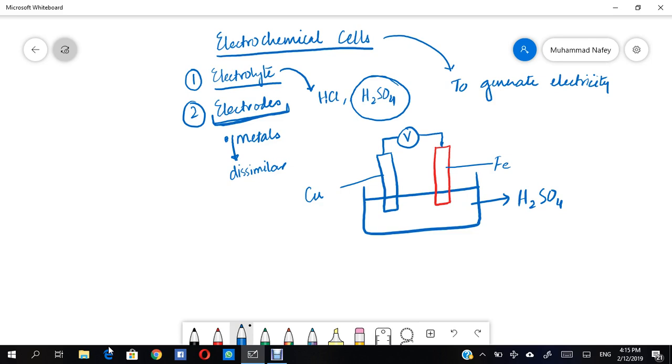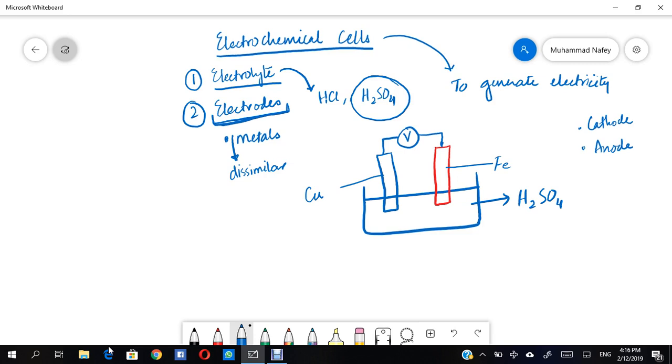Now because we have two electrodes, one of them is going to be the cathode and the other is going to be the anode. But there's a problem here. In all the electrolysis reactions that we did, we had a battery, and that battery helped us identify which electrode is the cathode and which is the anode.